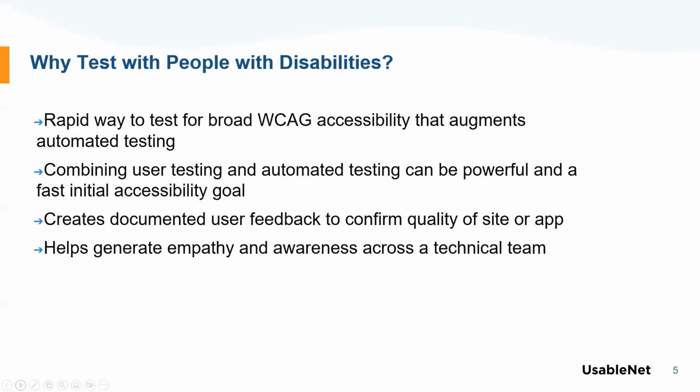And with that happening, we see more people coming in just because they're keeping up with the Joneses. If you are a financial services company and you find out that your top two competitors have started doing accessibility testing and user testing with people with disabilities, and your customers are starting to migrate over there because the site is more usable, you don't want them to eat your lunch because you're not doing accessibility.